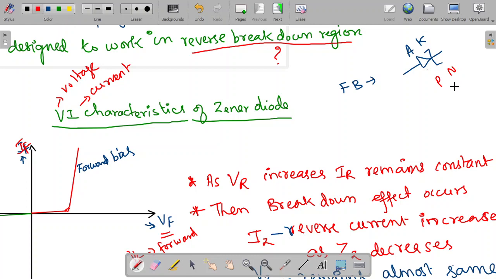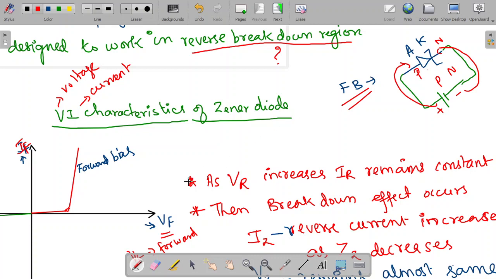Usually this would be connected to a battery like this. If the positive terminal of the battery is connected to the P-type material and the negative terminal is connected to the N-type material, then we call it forward biased.